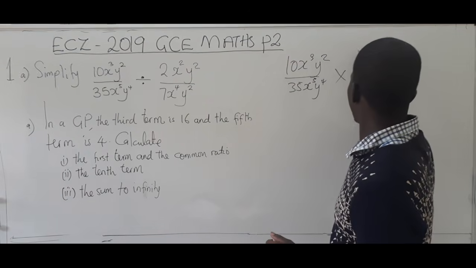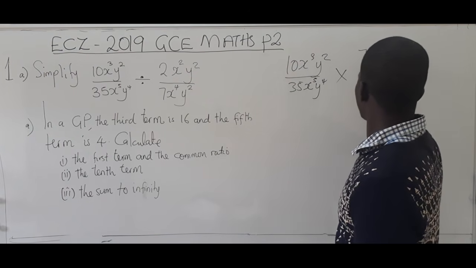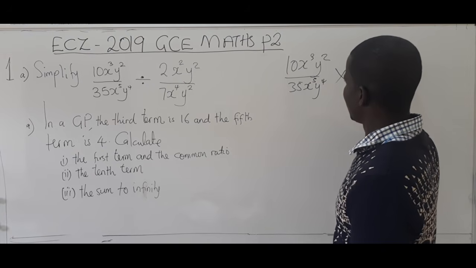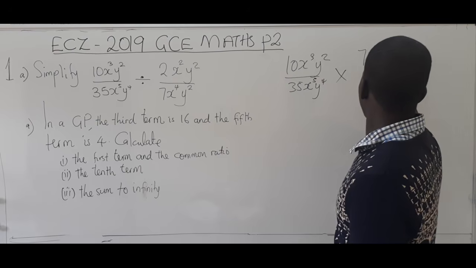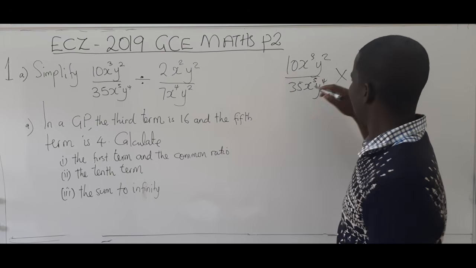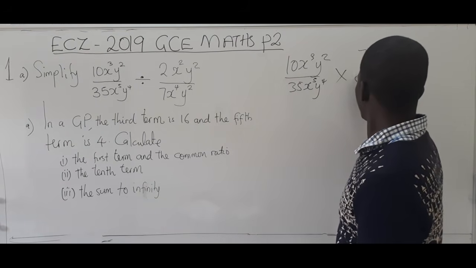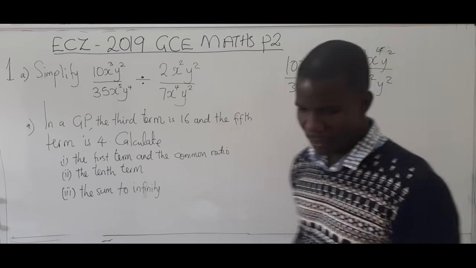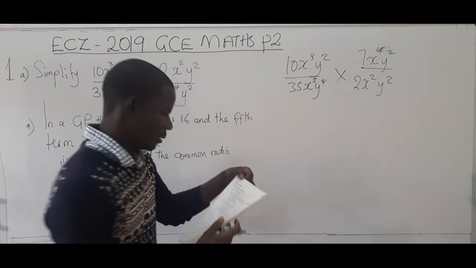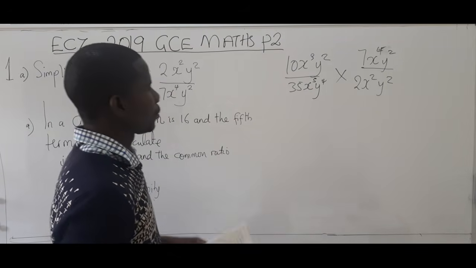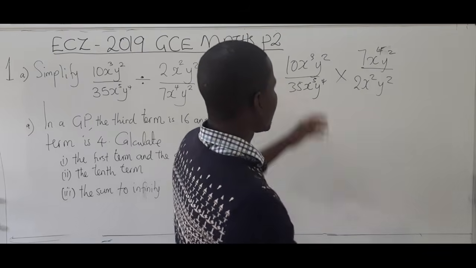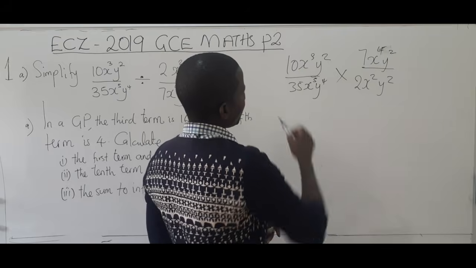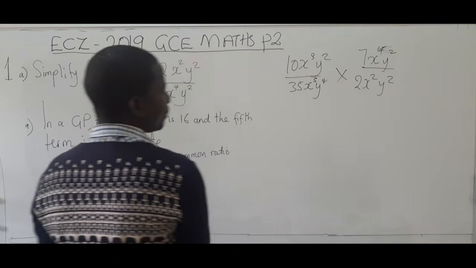Which is going to be now 7 x to the power 4, y to the power 2 over 2x squared y squared. This is how the question is. So now at this point, we can simplify. We identify what is common, then we simplify.